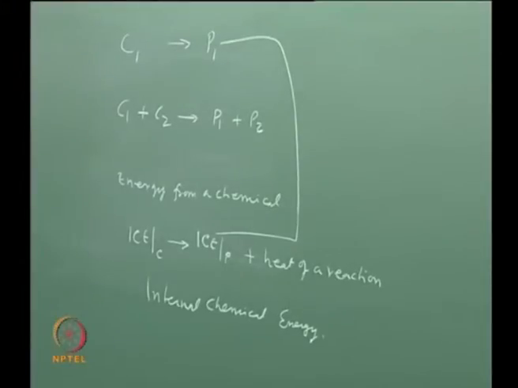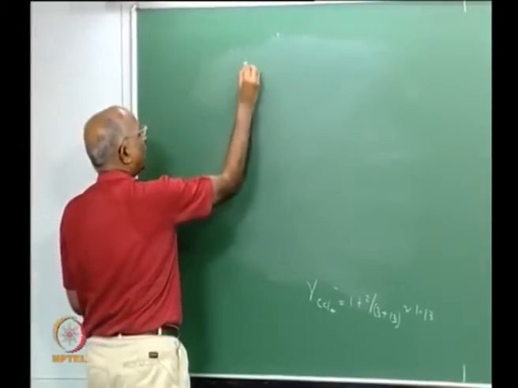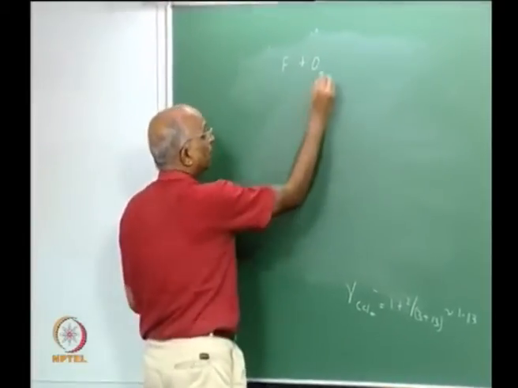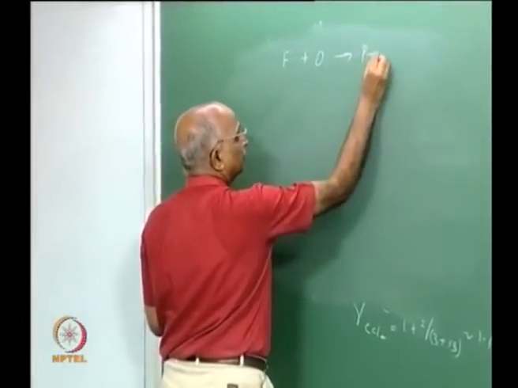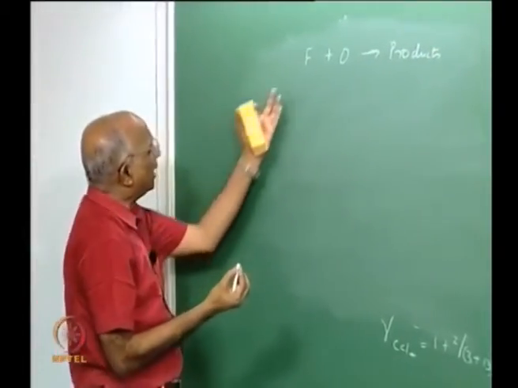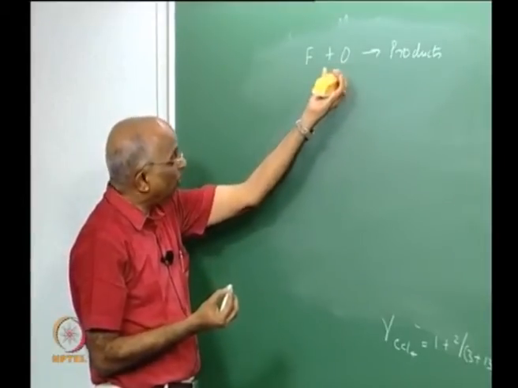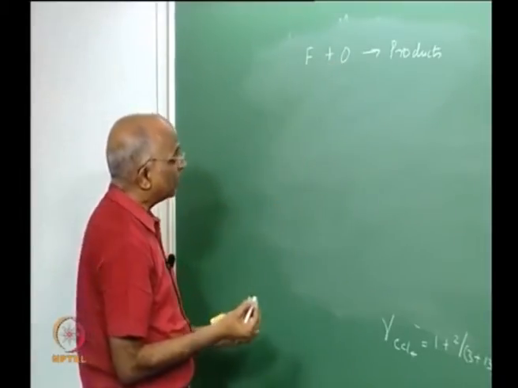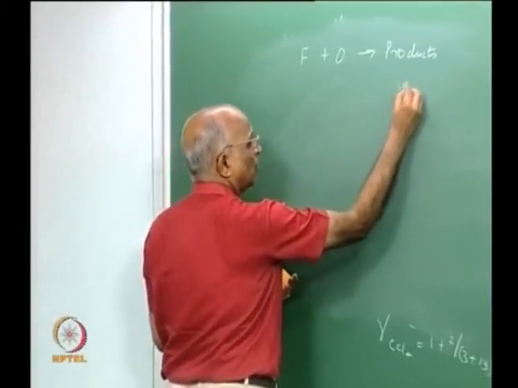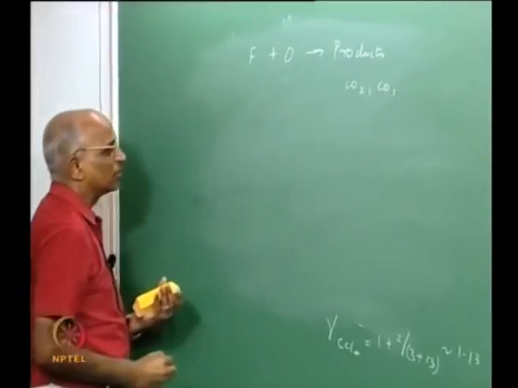Now I slightly expand myself. Say I have a fuel F, I have an oxygen O, this gives me products. Fuel could be any fuel, maybe I take wood as a fuel, oxygen from the air as oxidizer, and I get products like CO2, maybe CO, maybe some more of these substances.